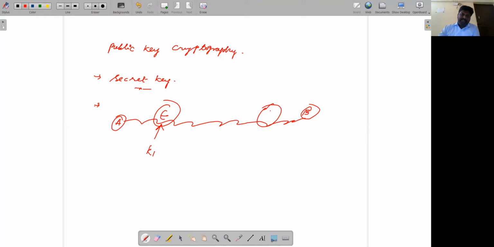If K1 is used for encryption, the same key K1 has to be used for decryption also. The problem is how securely this key has to be shared with the receiver B. Suppose user A is sharing the key; let's assume this is the transmission of the key.